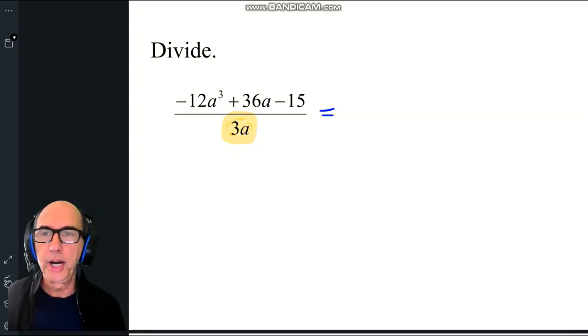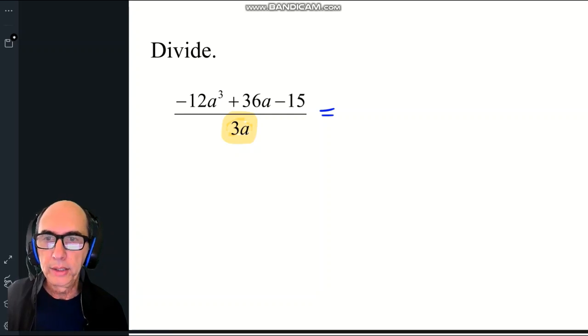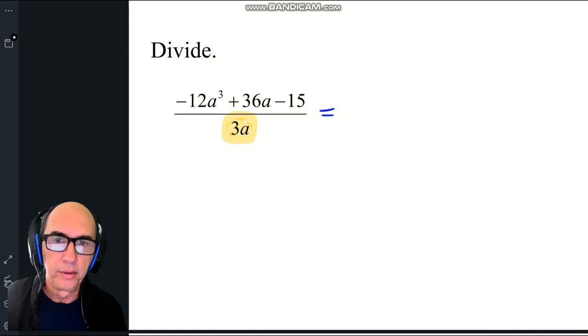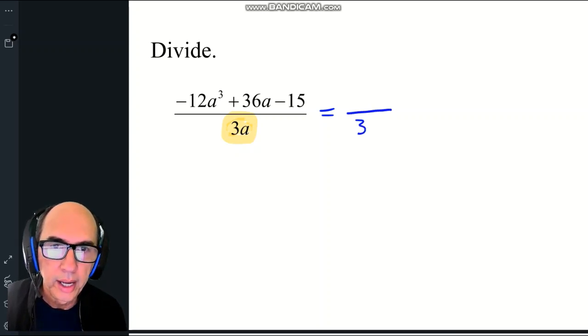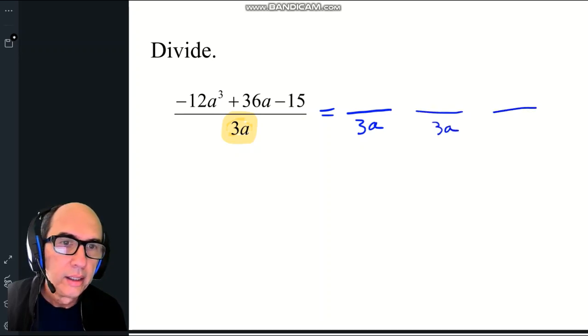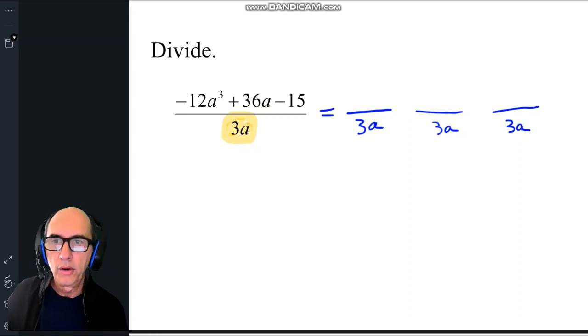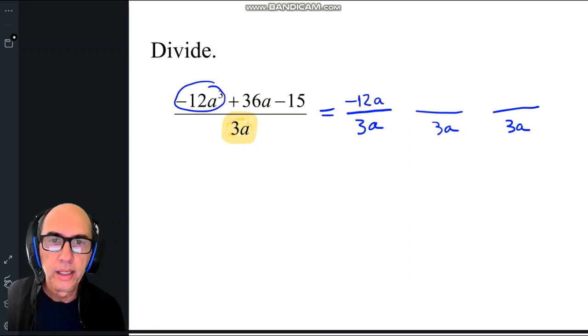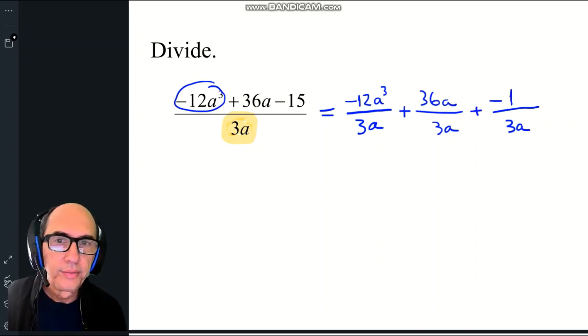What we're going to do is just break this fraction into three fractions with the same denominator. Look, right down here, 3a, 3a, 3a. So all the fractions will have the same denominator. On the first one, we're going to use the first term, negative 12a cubed, plus positive 36a plus negative 15.